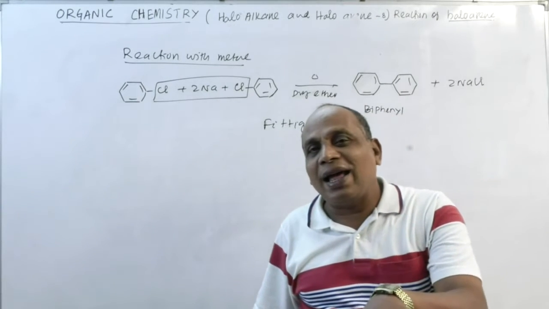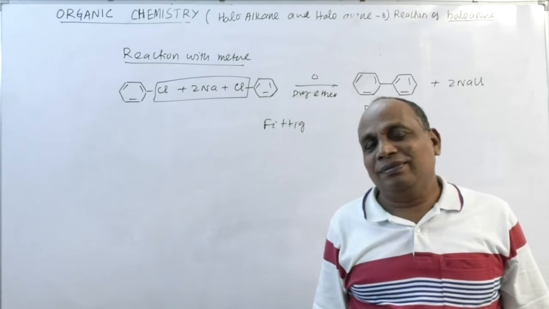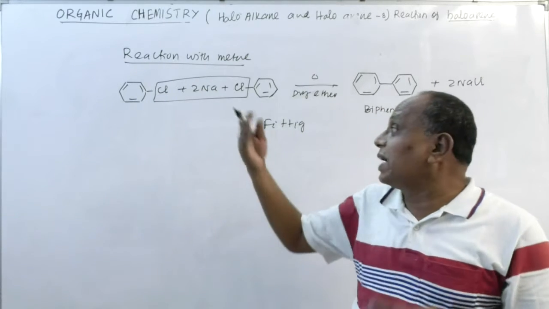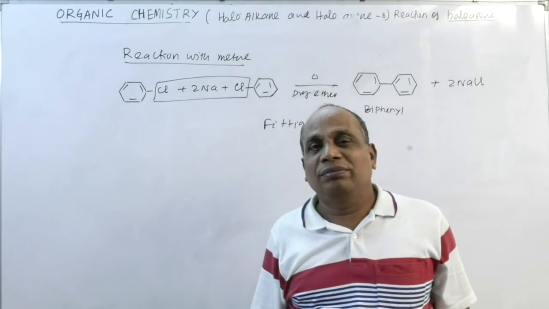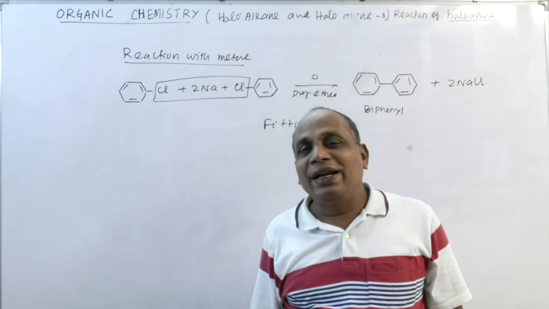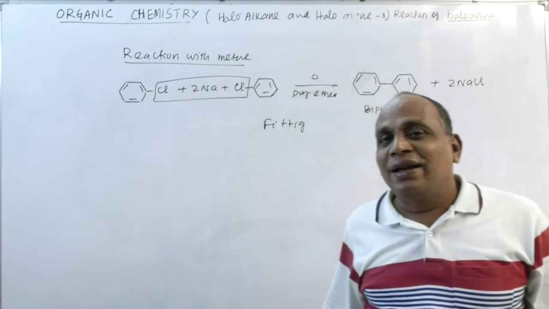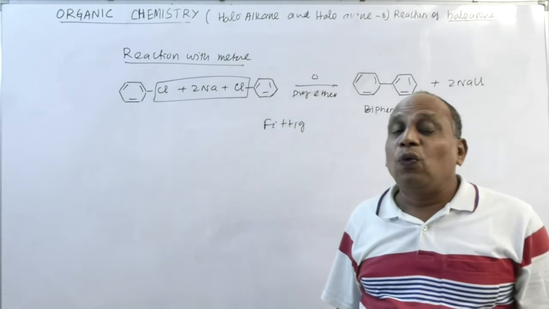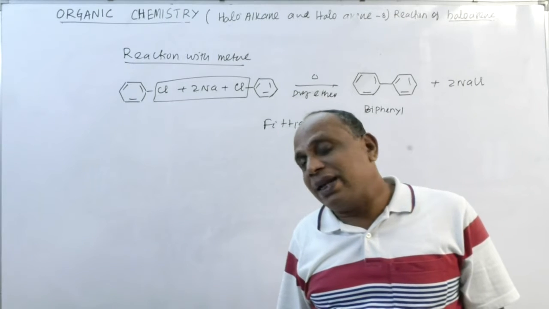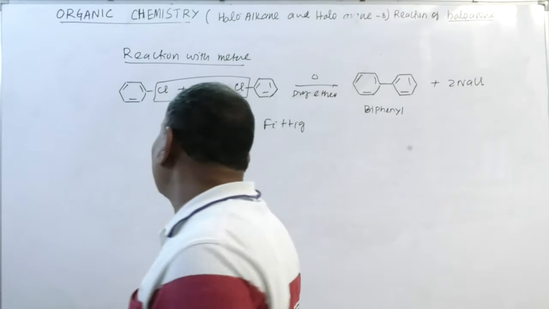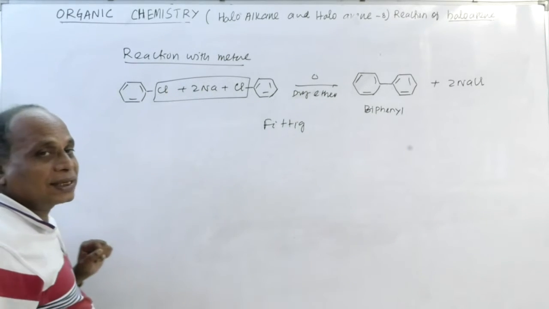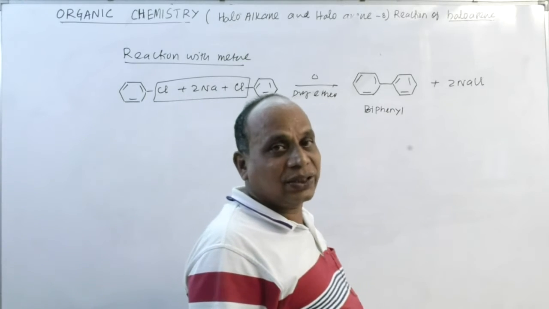If you take alkyl halide and chlorobenzene and heat with metallic sodium in dry ether, it gives an alkyl benzene, and that reaction is called the Wurtz-Fittig reaction. A part is the Wurtz reaction, a part is the Fittig reaction.